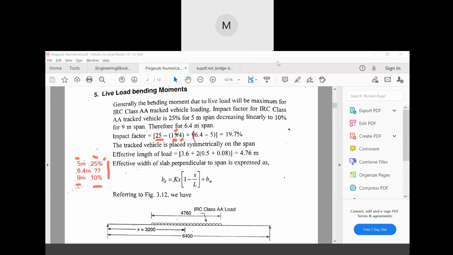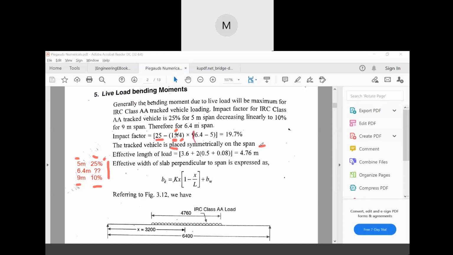Now, after finding out this interpolation, the tracked vehicle is placed symmetrically to the span. So, if the tracked vehicle is placed symmetrically to the span, then the effective length of load, how will you find out?